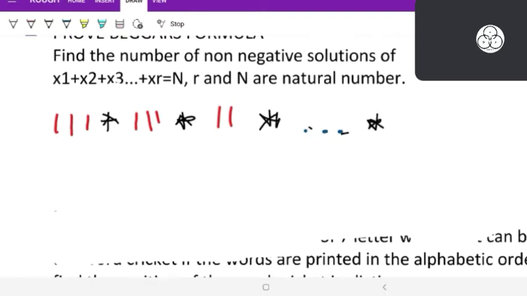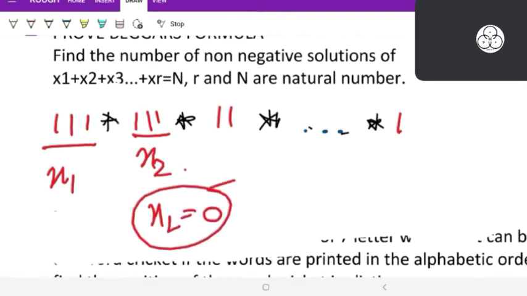Star, say 1. Now how can they be 0? This is x1, this is x2. Suppose x2 equals 0, how will the stars arrangement represent it? Simply look at this.